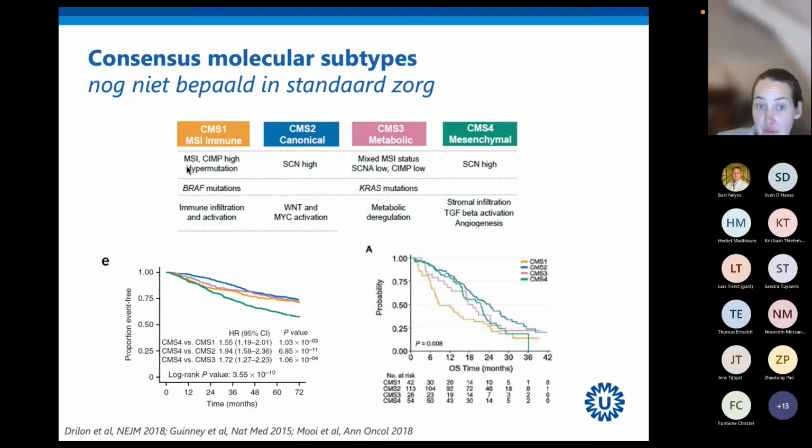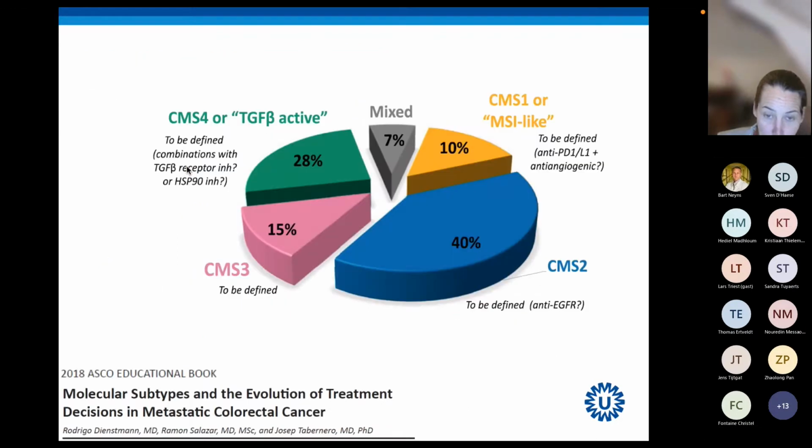CMS2 is in general the best group, with the best chemosensitivity and also response to targeted agents. There's not a predictive value at this moment from CMS. So CMS subtype does not help you in selecting patients for treatment.